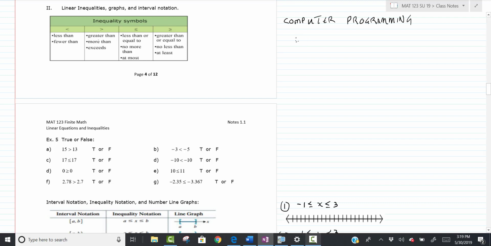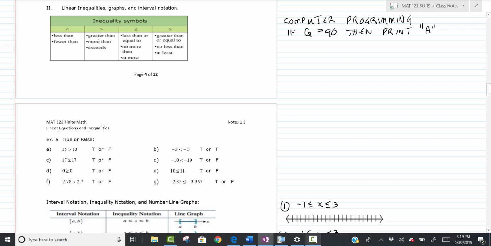I want to give you an illustration of this. In computer languages, we have if-then statements. So a lot of times we say, if G is greater than 90, then the computer is going to print that you get an A. That's what we call pseudocode, and it's got an inequality in it.